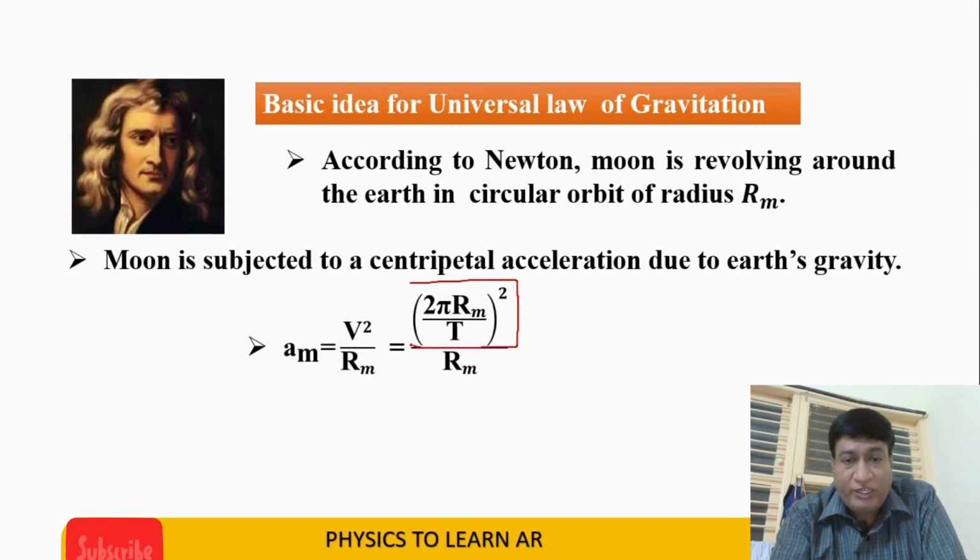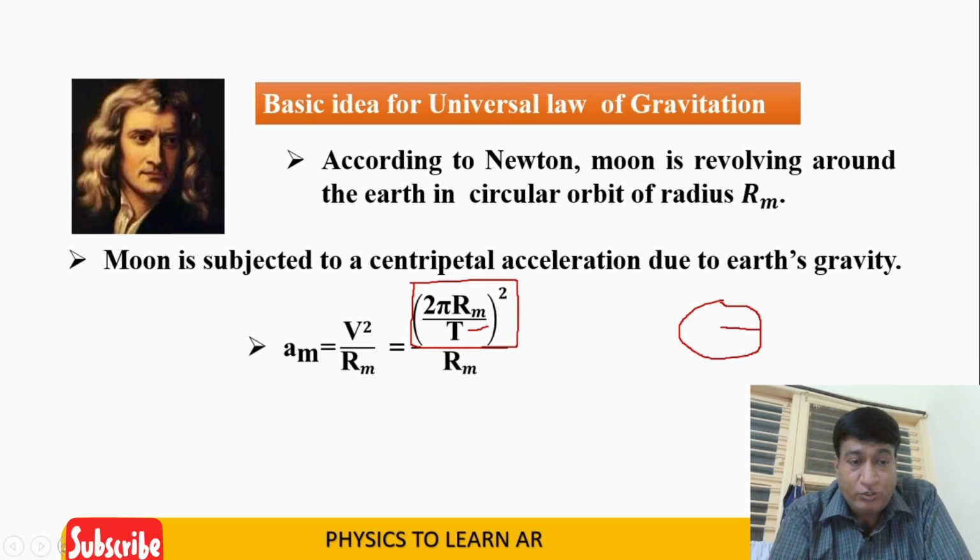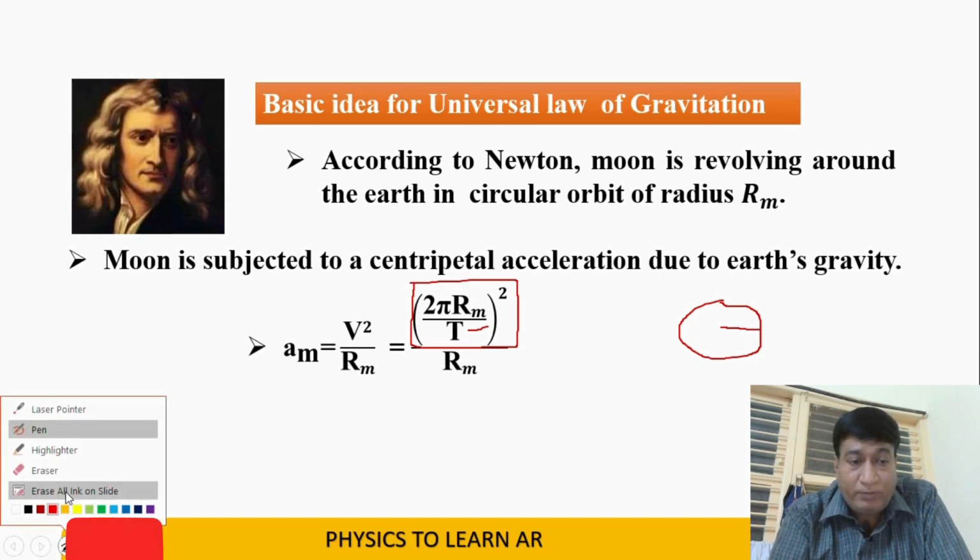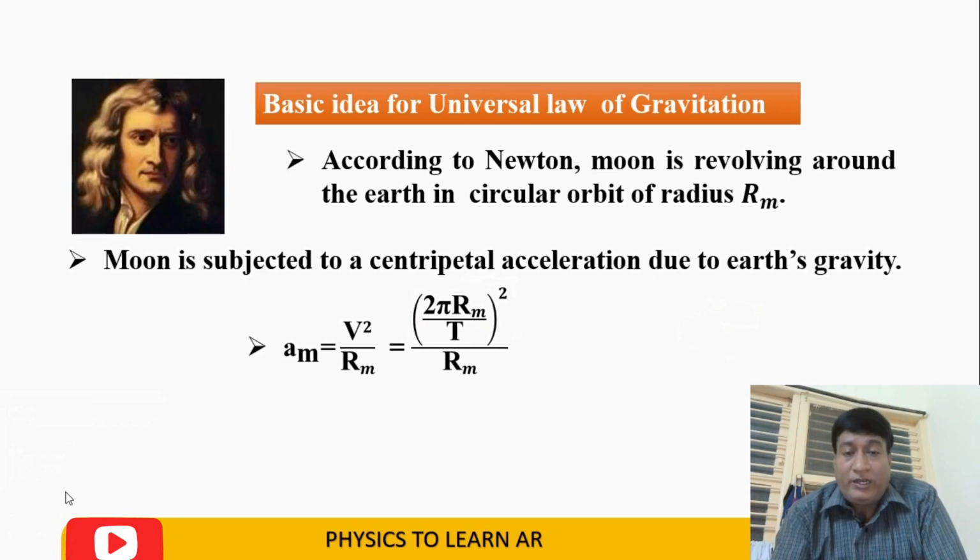For one complete cycle, the circumference of the circle is 2 pi rm, where rm is the radius, and T is the time taken by the moon to complete one cycle. So if you know the time period and the distance from the center of the earth to the moon, we can find the acceleration of the moon.